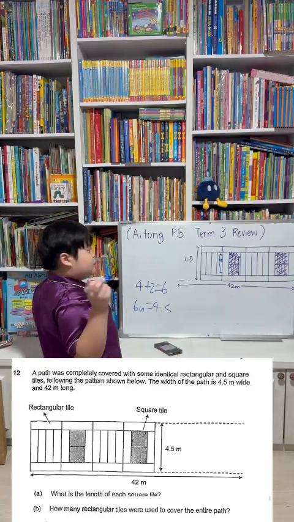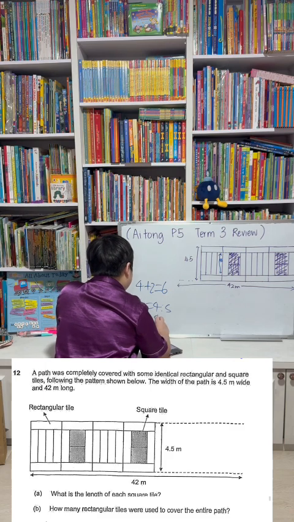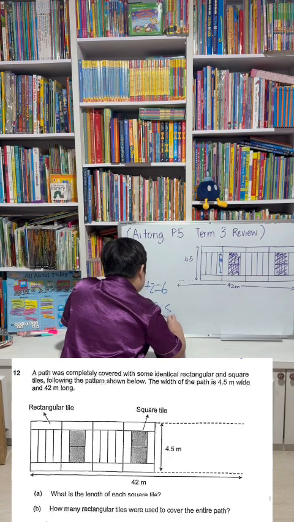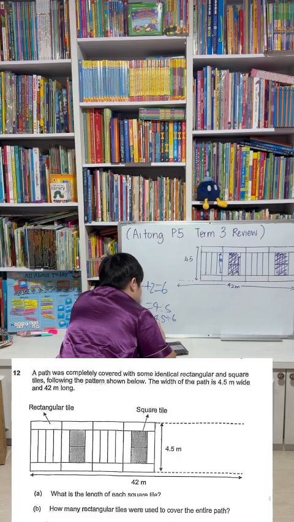Okay, so then 1 unit is 4.5 divided by 6 equals 0.75.